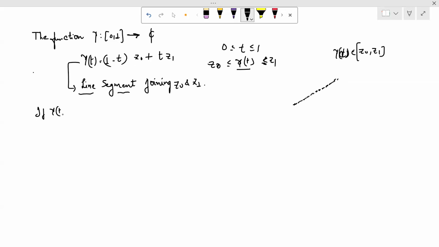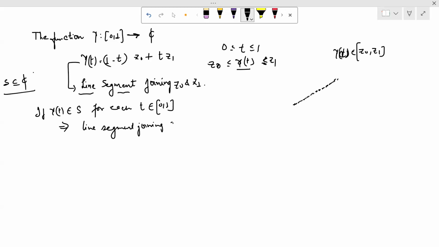Let's say if gamma(t) belongs to S, where S is a subset of the complex numbers, for each t belonging to [0, 1], what does this mean? If gamma(t) belongs to S for each t in [0, 1], it implies that the line segment joining points z0 and z1 is contained in S.